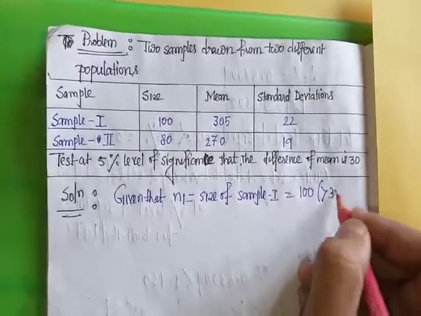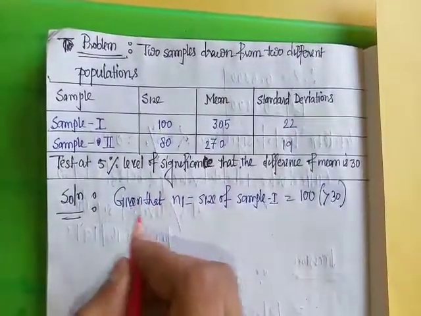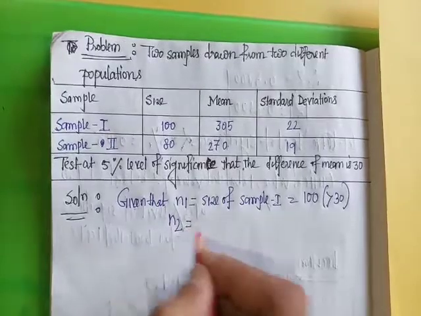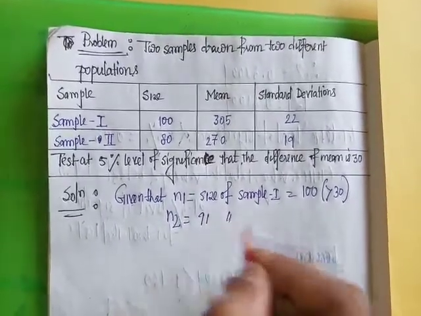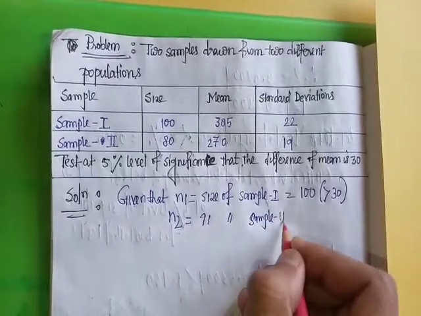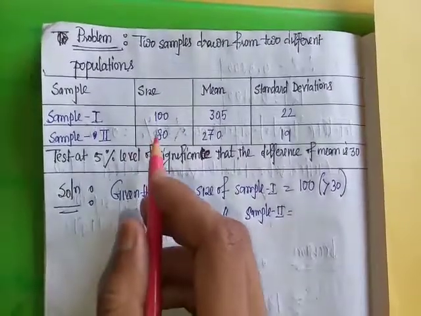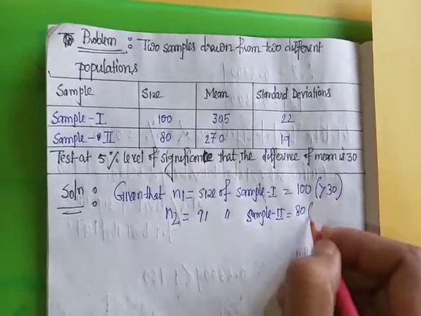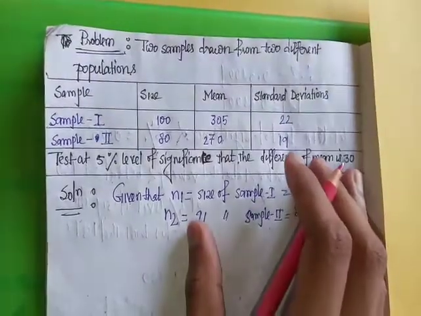This is greater than 30, that is, this is a large sample. n2, the size of sample 2, is 80. This is also greater than 30, that is, this is also a large sample.